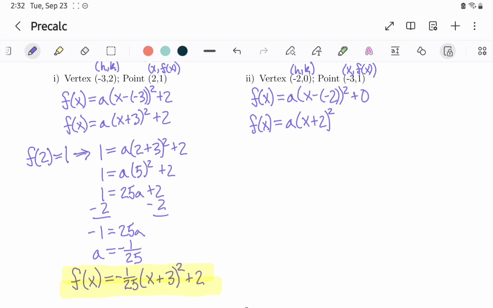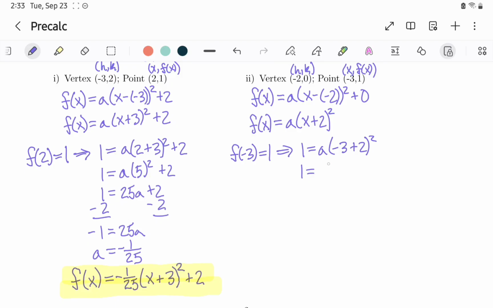Since our quadratic function passes through the point (-3, 1), this means that f of -3 is equal to 1. So to solve for a, we have the equation 1 equals a times (-3 plus 2) squared.